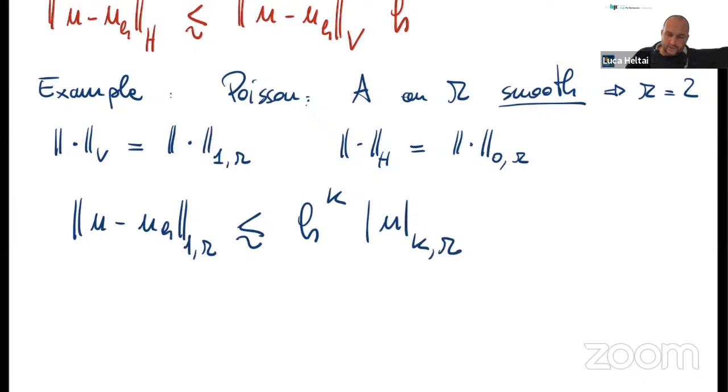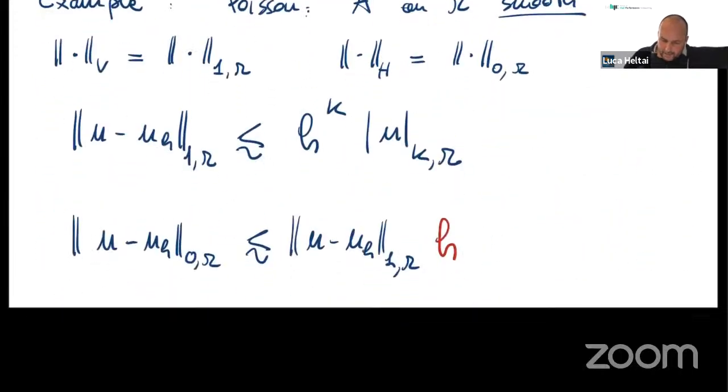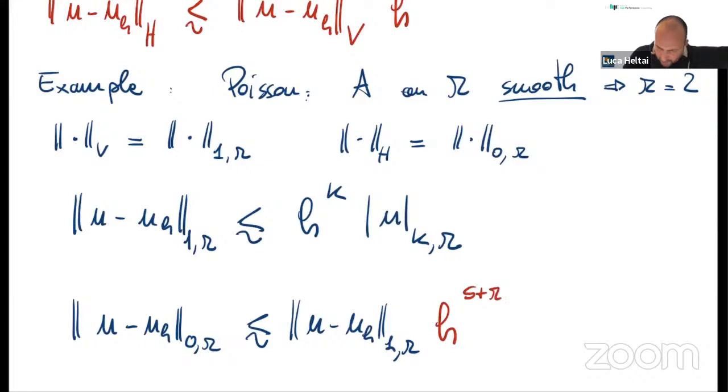And now what we have just shown is that the U minus UH L2 norm is controlled by U minus UH in the H1 norm, which we have just written, times a power of H, which is to the power S plus R minus K, and all of this is equal to 1 in this particular case, because S is equal to 0, R is equal to 2, and K is equal to 1.